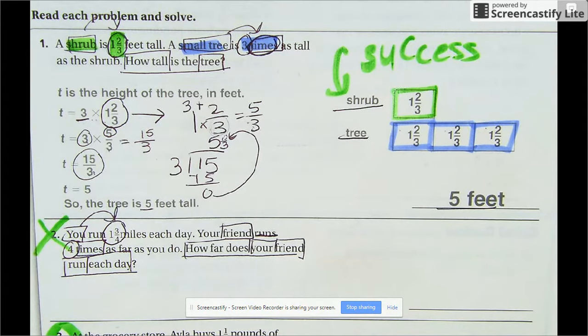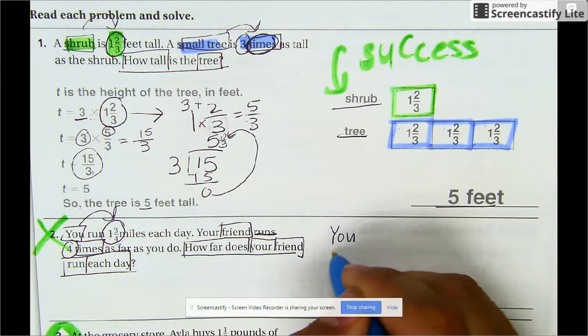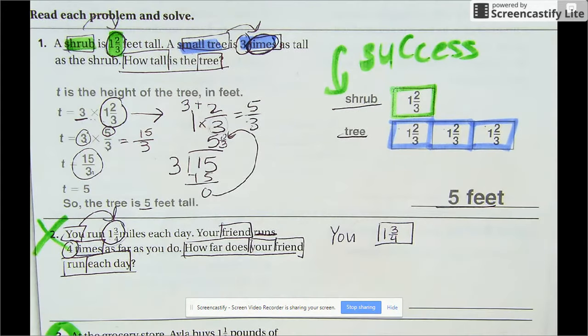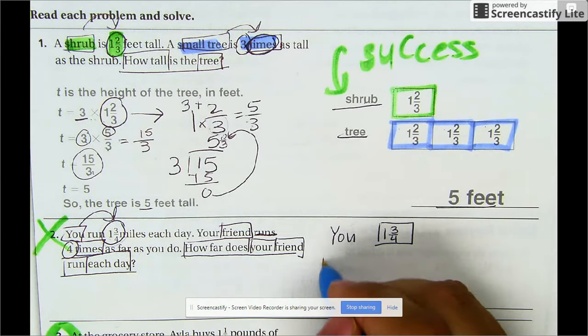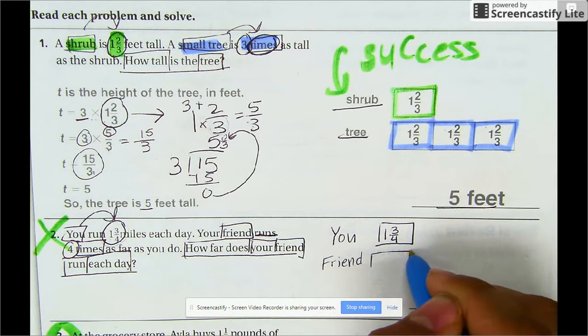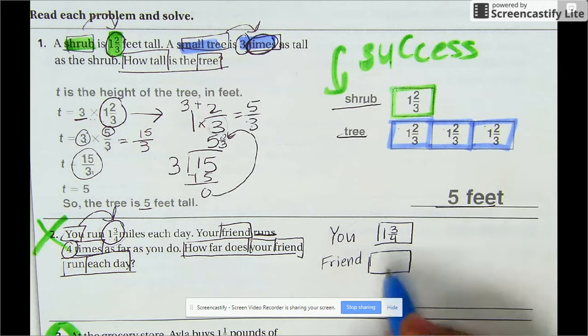So let's start drawing the model. We know how much you run. So you run 1 3/4 miles each day. Your friend runs 4 times that. So if I wrote this as one box, that's 1 time.